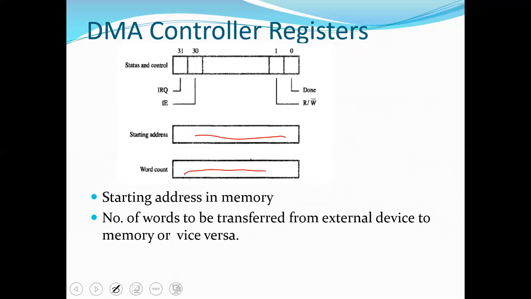In the status register, there is the interrupt request. If the DMA wants to inform the processor that the operation is complete, it wants to send an interrupt signal to the processor, then the IRQ bit is set to 1.